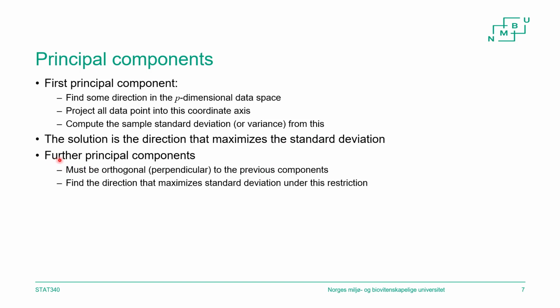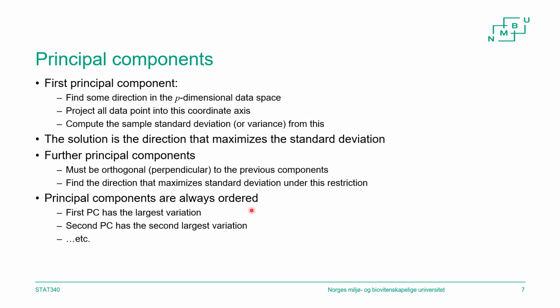And when you go for the third component, you do the same with the same restriction again. It must be orthogonal to the first two, and of all the directions that are, we again select the one with the maximum standard deviation. So this is the procedure you do over and over again.